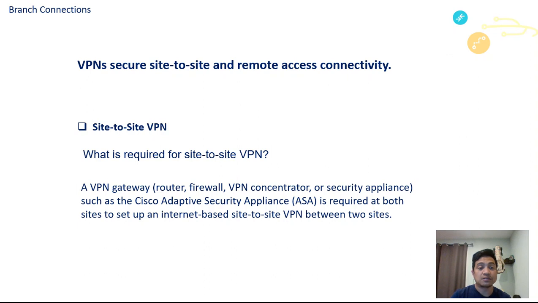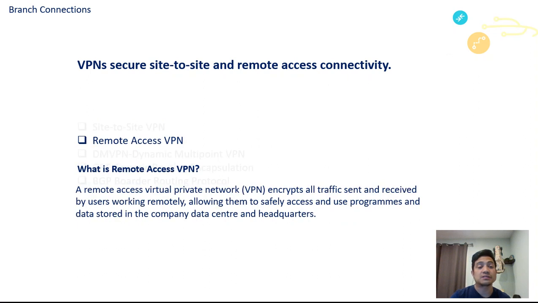Site-to-site VPN, what is required for site-to-site VPN? A VPN gateway, router, firewall, VPN concentrator, or security appliance, such as a Cisco Adaptive Security Appliance, or ASA, is required at both sites to set up the internet-based site-to-site VPN between sites.